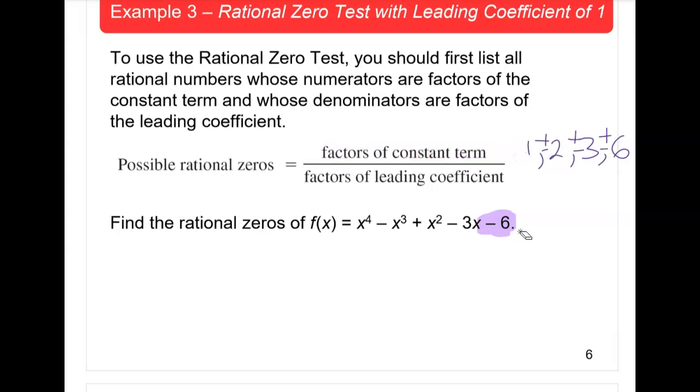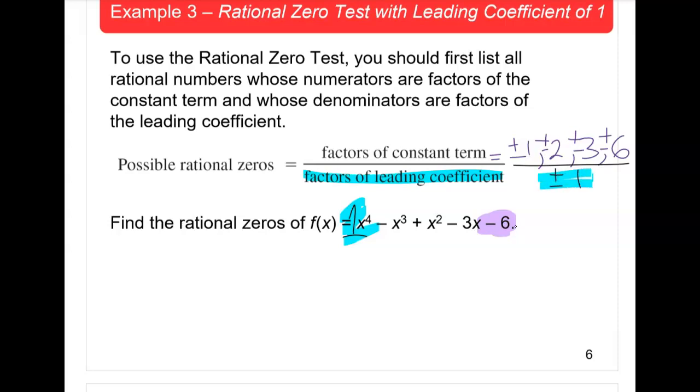Now we've got to look at the leading coefficient, and you could see that it is a 1. We don't have a number, so there's an implied 1. That is a very good sign. So that will be the denominator. In fact, we not only have 1, we have positive 1 and negative 1.